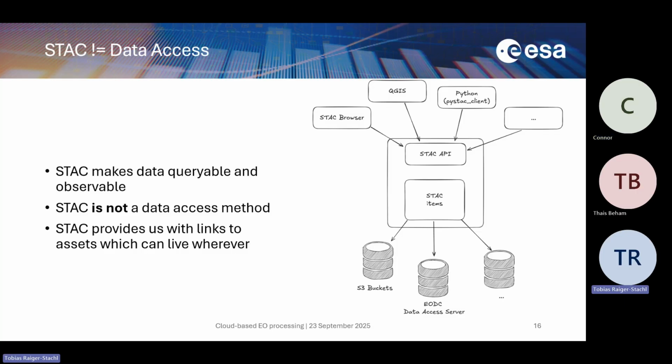There is the STAC browser you might be familiar with. There is also a QGIS plugin which can read and interact with the STAC API, and of course a variety of Python libraries like the pystac-client library.